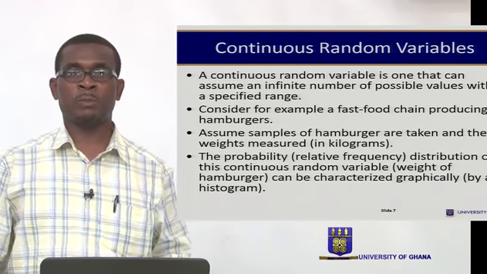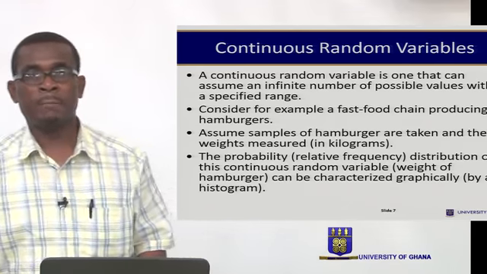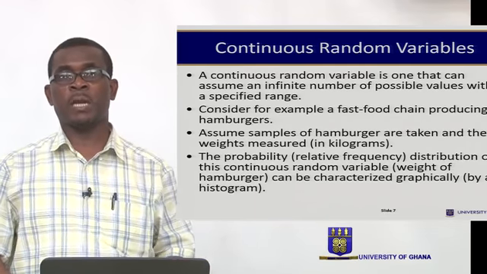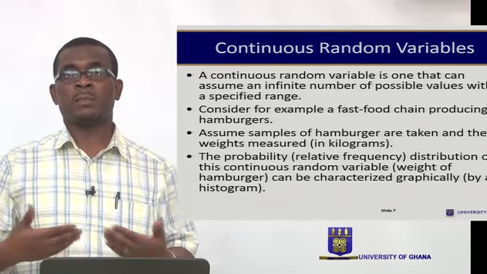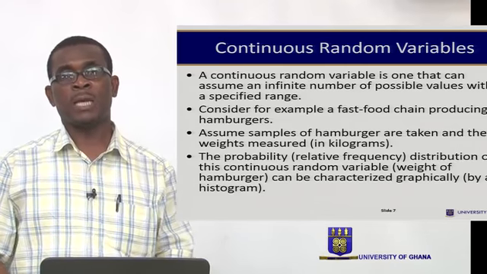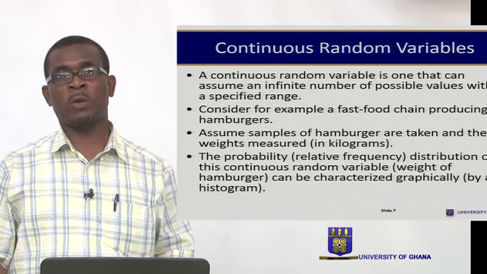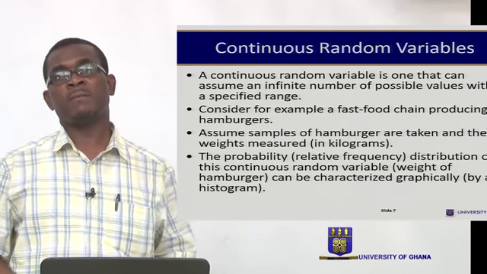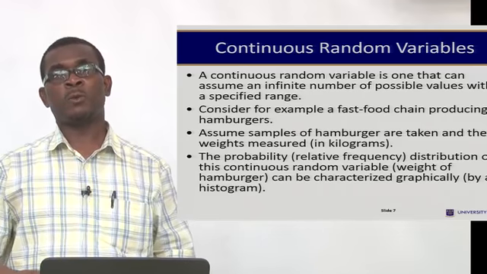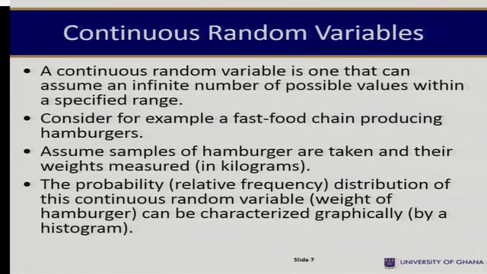So let's assume that a fast food chain producing hamburgers collects data on the weight of hamburgers measured in kilograms. You realize that the chef in the kitchen is going to cut it according to the size required, but sometimes it could be less or more.